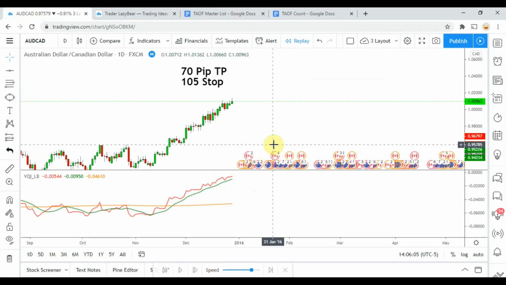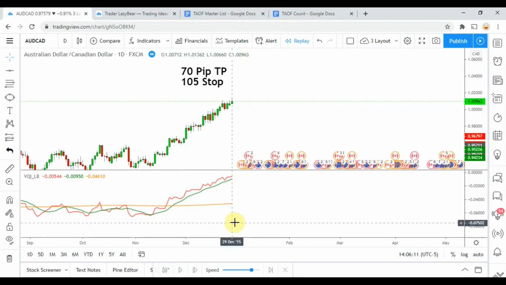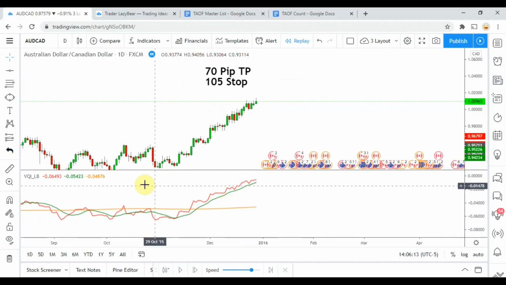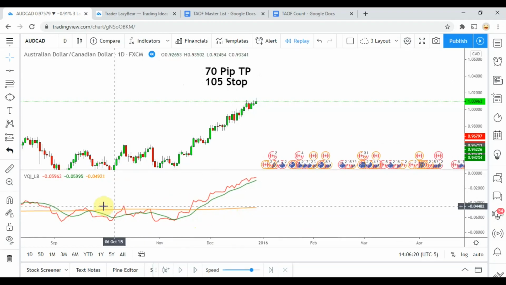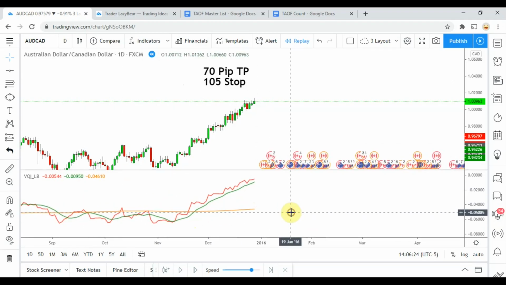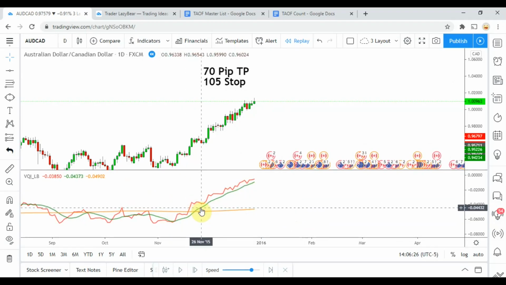Alright, so today's indicator is the Volatility Quality Index indicator. You can see it here on the bottom of the screen. Basically it is comprised of three different lines. So we have the orange line here, which acts as an overall trend direction, and then we have the green line and the red line acting as a shorter term trend direction.